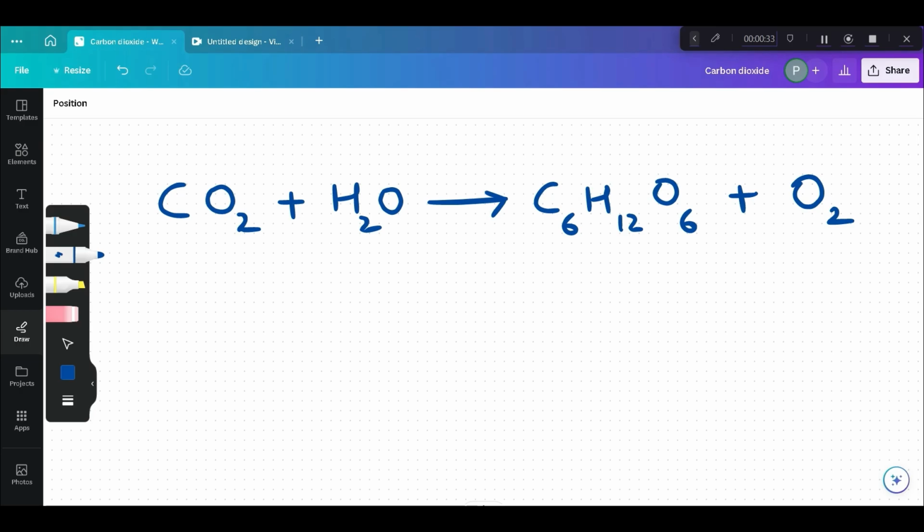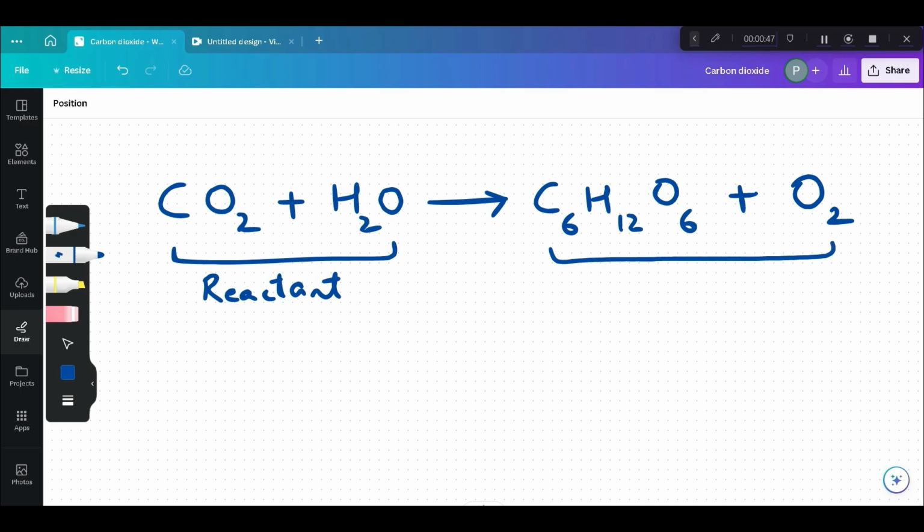In order to balance this chemical equation, we need to first write down all the elements from the reactant side and all the elements from the product side.